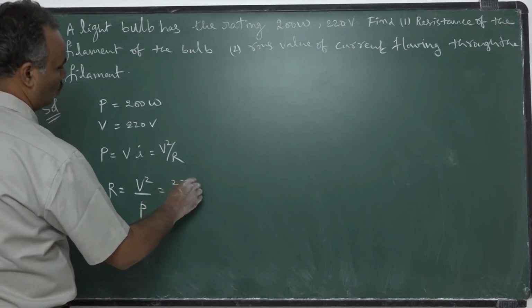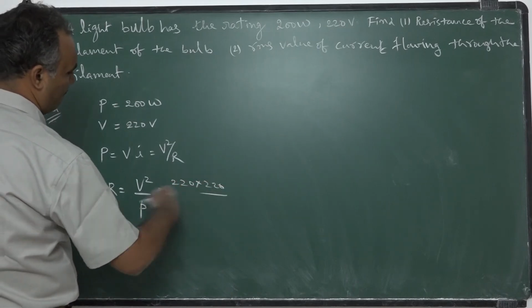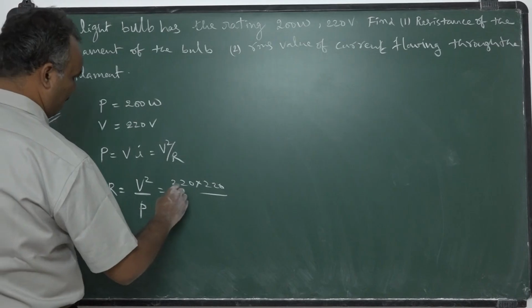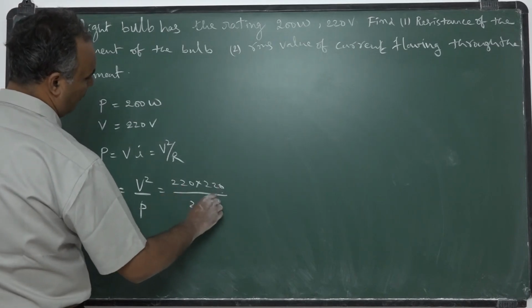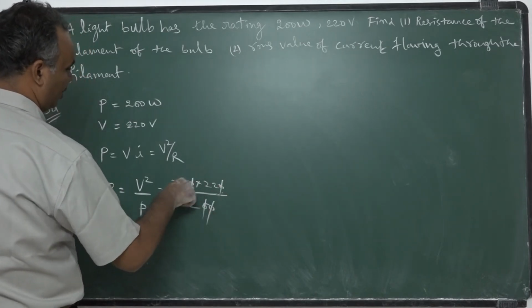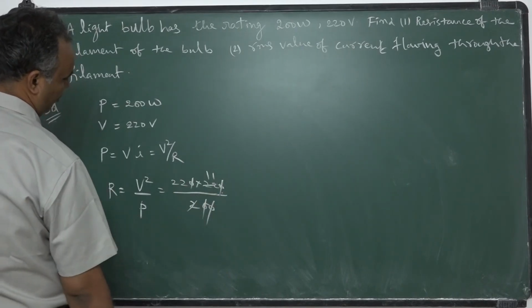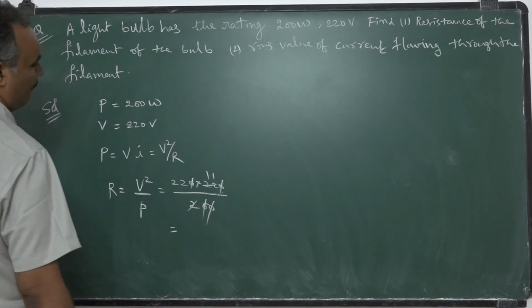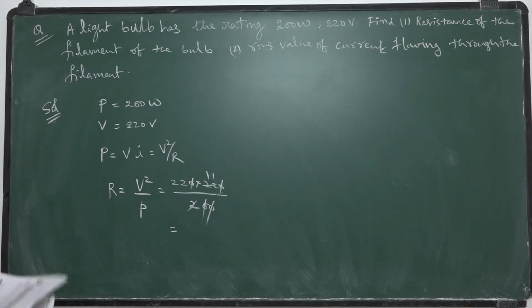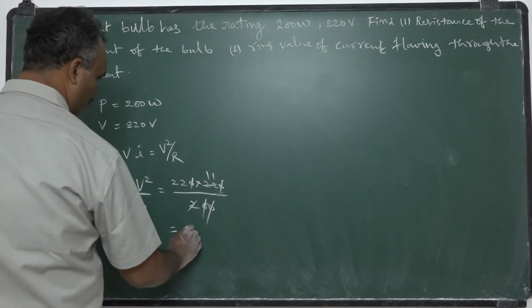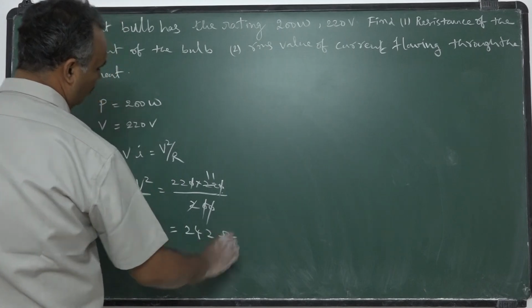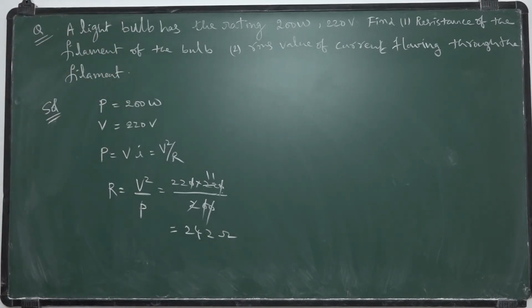V square means 220 into 220 by the power value 200. The zeros get cancelled, it will go for 11 times, so 242 ohms will be the resistance of the filament of the bulb. By taking the general formula for power, I calculated this.